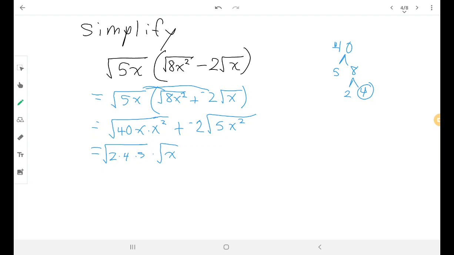It would be more useful to just leave this square root of x, and then times the square root of x squared, which is just x without any square root, right? Plus negative 2 times the square root of 5 times the square root of x squared, which is just x.